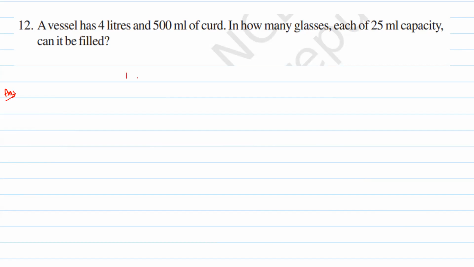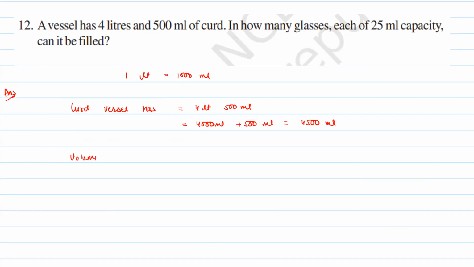We know 1 liter is equal to 1000 milliliters. So the curd vessel has 4 liters 500 milliliters, which means 4000 milliliters plus 500 milliliters, which is 4500 milliliters.